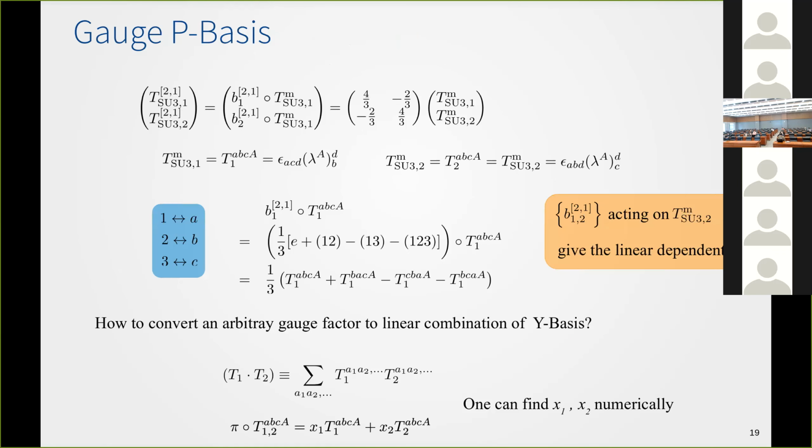For example, for the gauge tensor, if you naively permute the indices of the gauge tensor, you get a gauge tensor that does not look like the original basis. Then what you do is numerically convert it to a linear combination of the original ones.